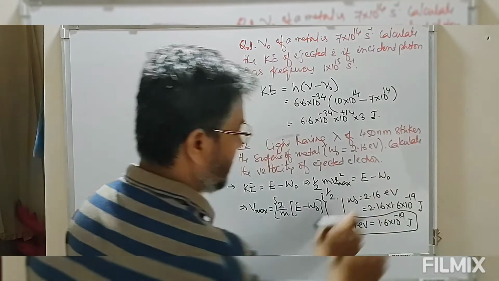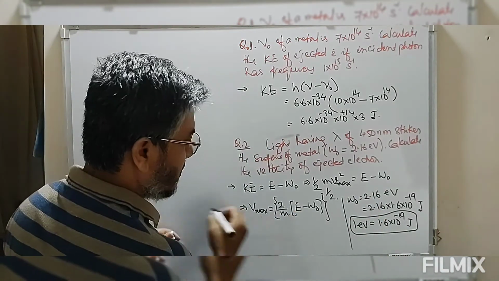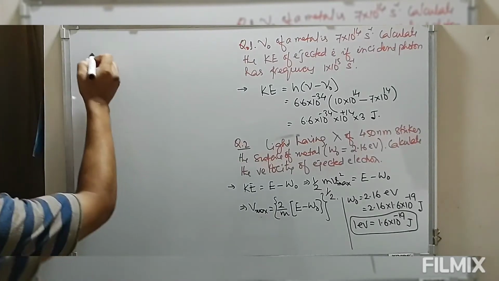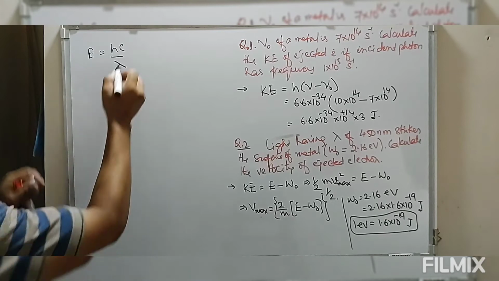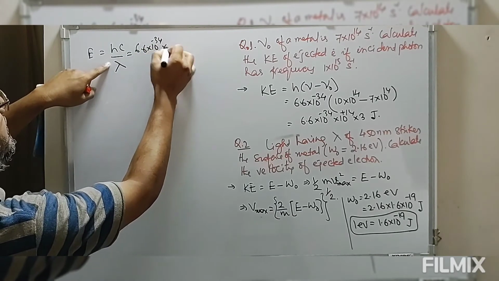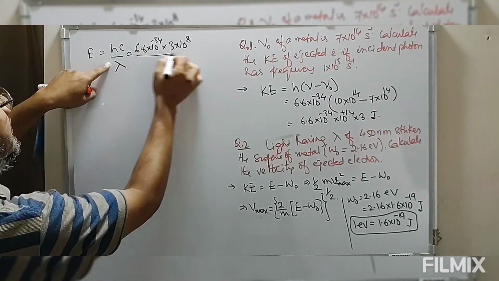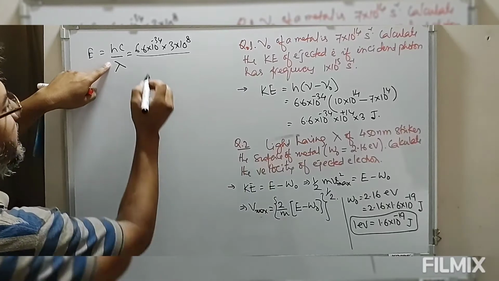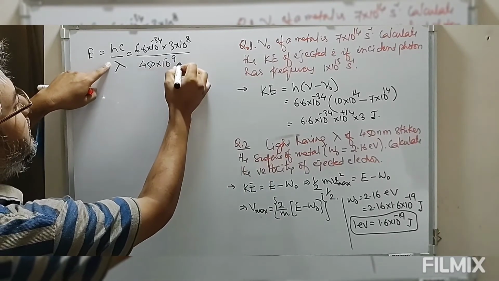So we have this energy. Now we have this E. This E is equal to hc by λ. h is given as 6.6 × 10^-34, c is 3 × 10^8 meter per second, the speed of light, divided by wavelength. Wavelength is 450 nanometers, so we have 450 × 10^-9 meters.